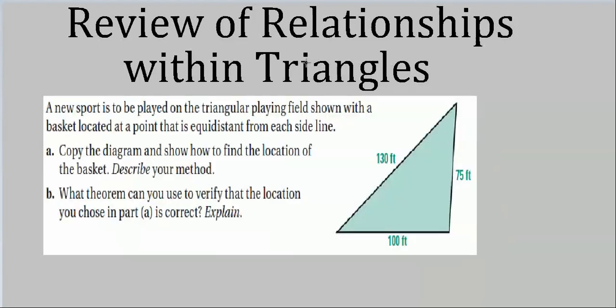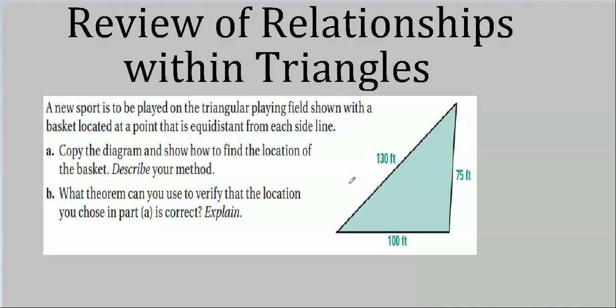Now here's one where they give us some measurements, but no actual coordinates. I think these measurements are going to turn out to be a little bit irrelevant, because to find a spot that's equidistant from each side, remember, we bisect the angles, we find a point equidistant from the sides.